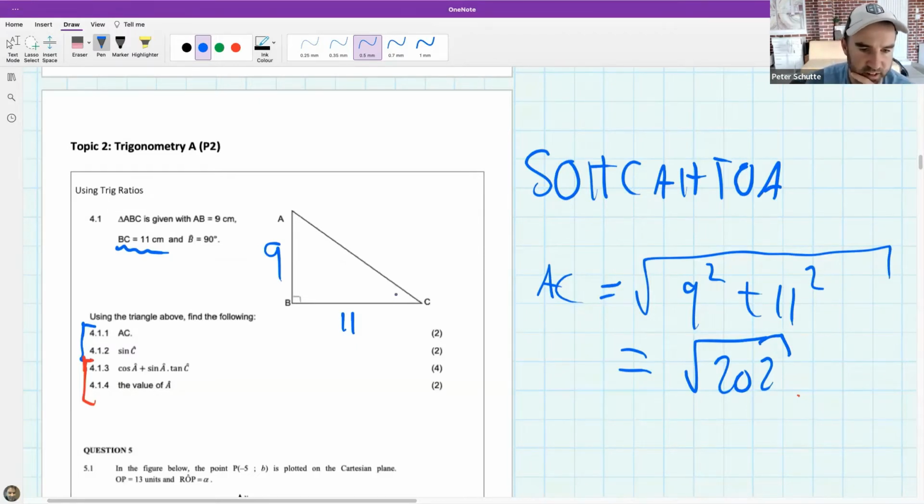Now, can you find for me what the value of the sine of C is? In trigonometry, what we often need to do is make sure we give our sides their names. So we worked out that was square root 202. This is the hypotenuse. If I'm asking you for the sine of C, then this is the angle that I'm interested in, which makes this the opposite, and this one the adjacent.